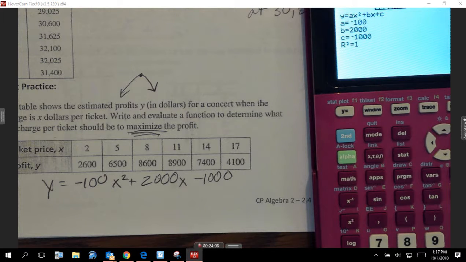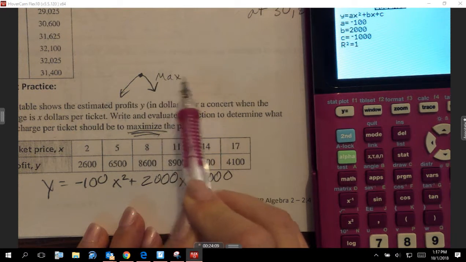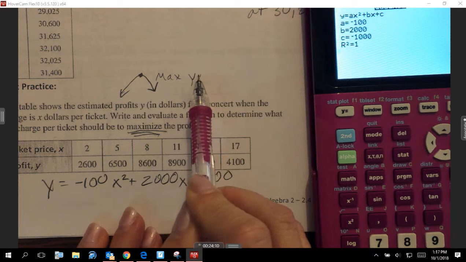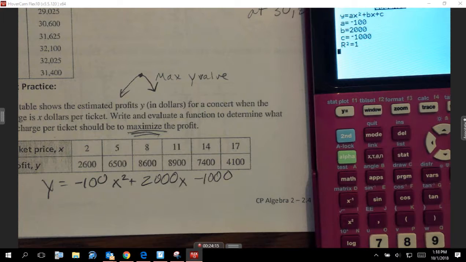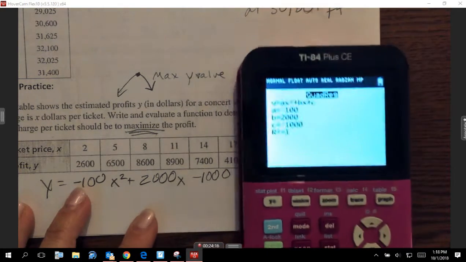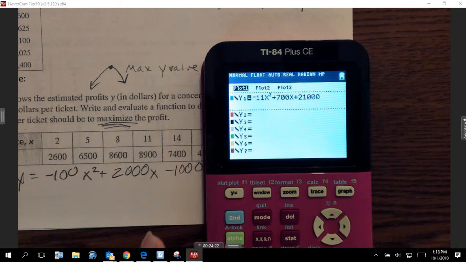Get the highest profit possible? So we need to figure out what ticket charge maximizes this. If I'm talking about the max y value, what part of the graph am I talking about? The vertex.